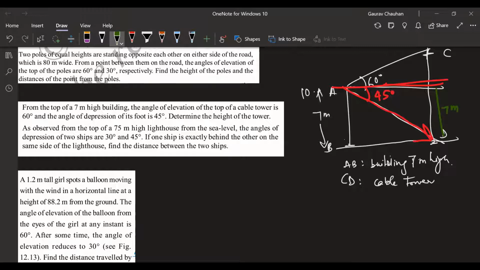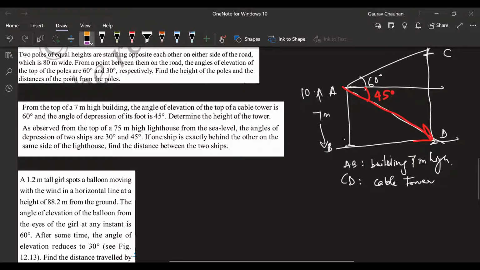This is also 7 meter. From this 7 meter, let's call this AP, you will get AP. From AP, you will get CP. Once you get CP, you add that to 7. Any questions? Is the diagram clear for everyone? Are there any questions in understanding the diagram here?